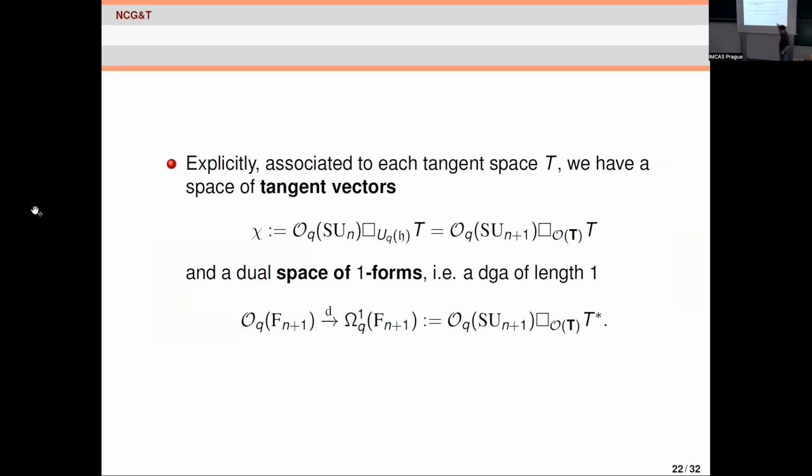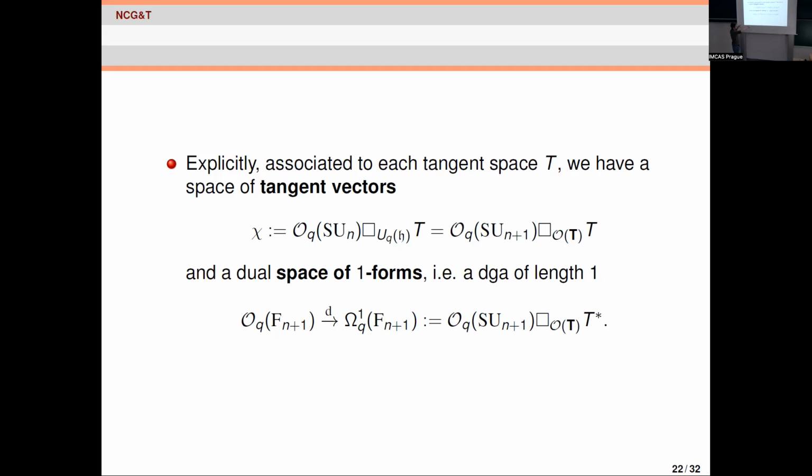But anyway, how do we construct a calculus from this tangent space? You kind of follow the classical situation. So we're going to take O_q(SU_{n+1}), sorry, that should be n plus 1, as the algebra that we're looking at. And then we're taking this box, whatever that means, and then we're putting T, or we can dually look at it as O of T, if that makes more sense to you.